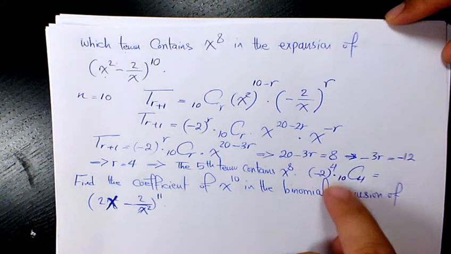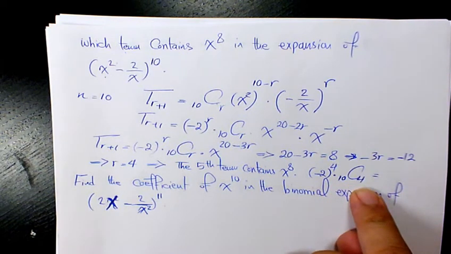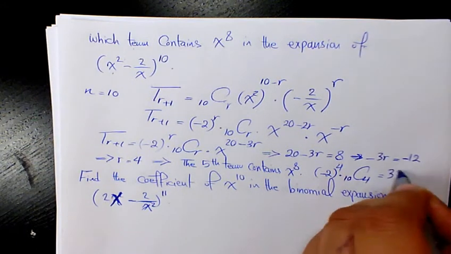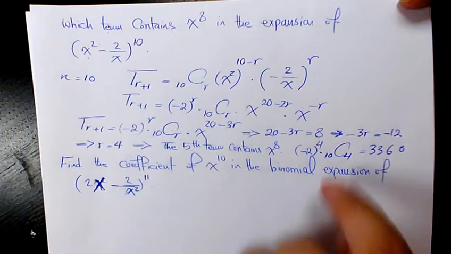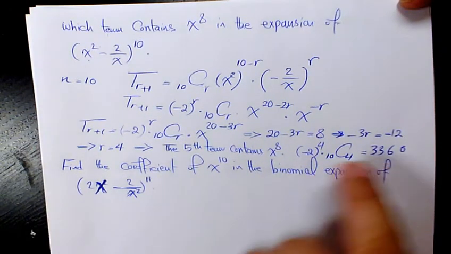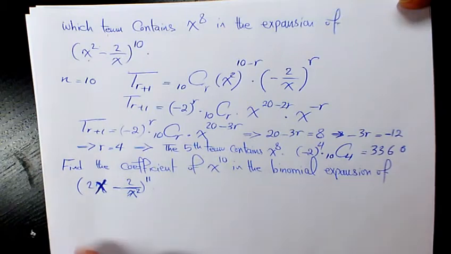When you calculate it, it will be 3360. So the term is 3360 times x to the power of 8.